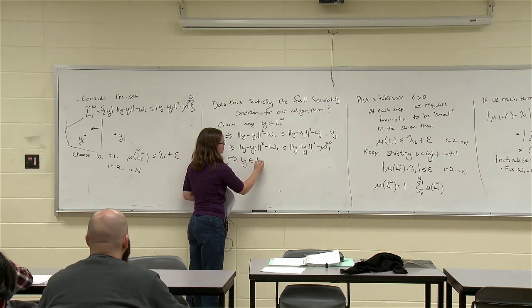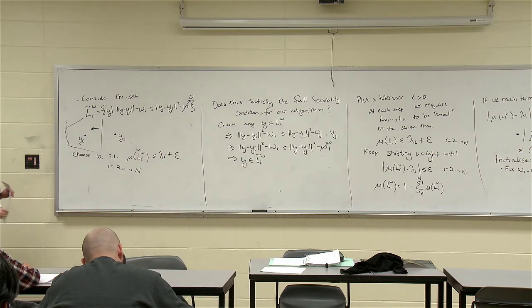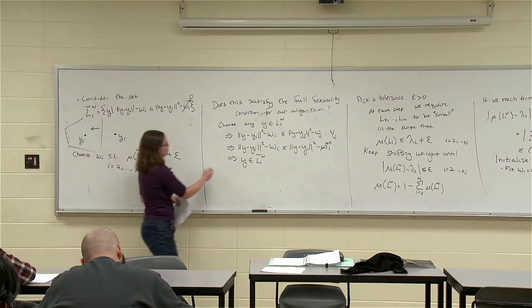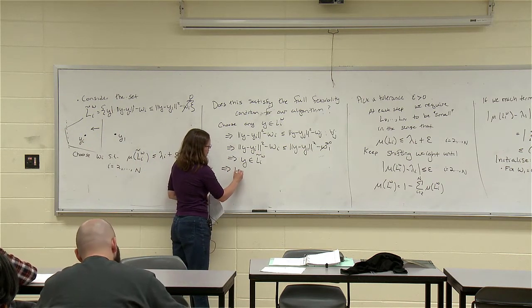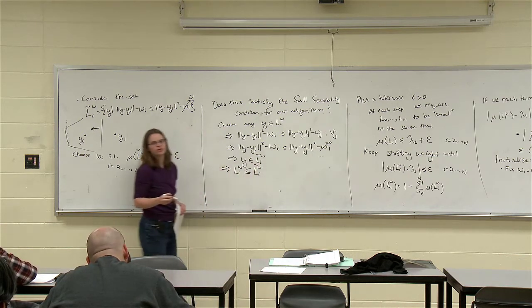So y certainly lives in this simple cell that we used to initialize. Okay, in other words, the real cell we care about is a subset of our dummy cell that we used to initialize.